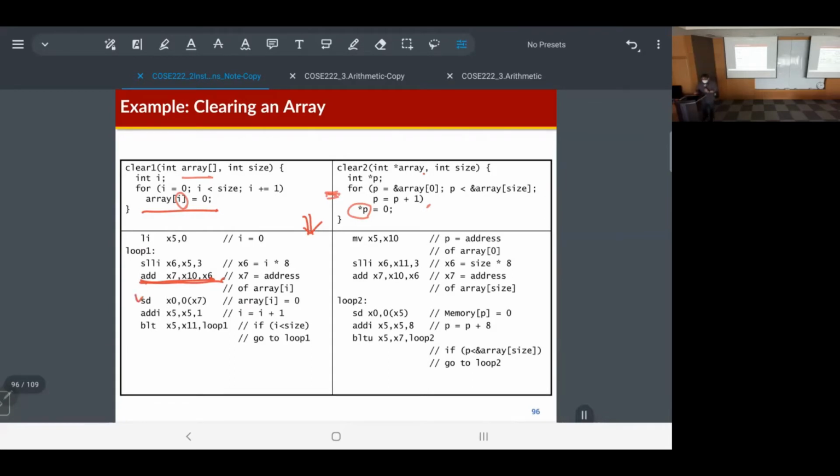The store instruction stores to the target memory space pointed to by this address, and the address is calculated by this add instruction, and then stores 0 to the target address. And this is the iteration loop, so this part is repeatedly executed by branch instructions.